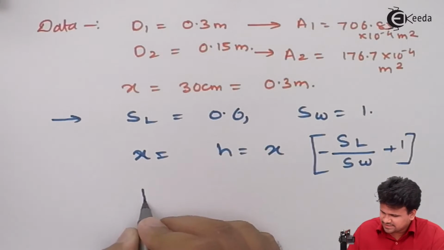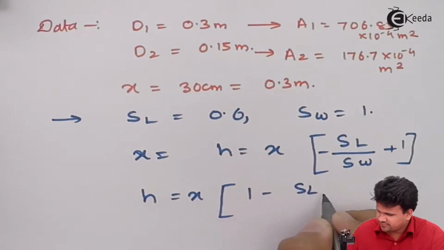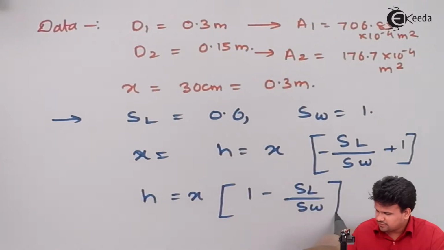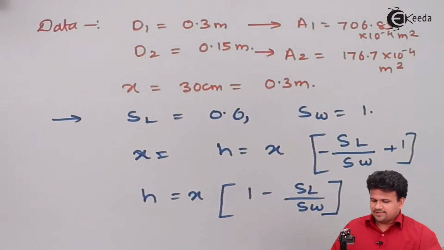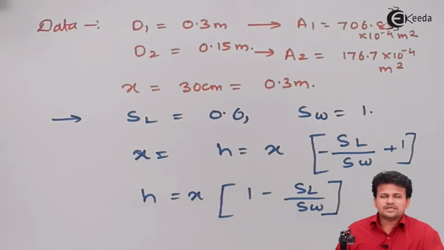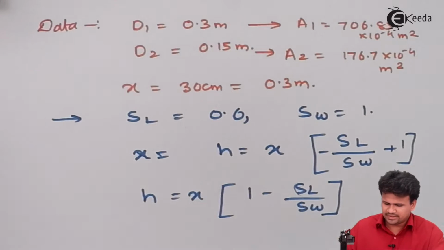Rather, we can write this as H is equal to X into 1 minus S of liquid upon S of water. Our previous formula was related to a manometer having a fluid heavier than water, but here the fluid is lighter than water.